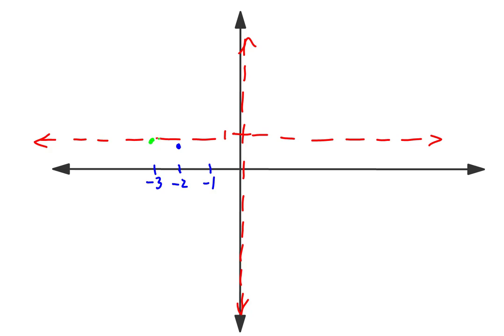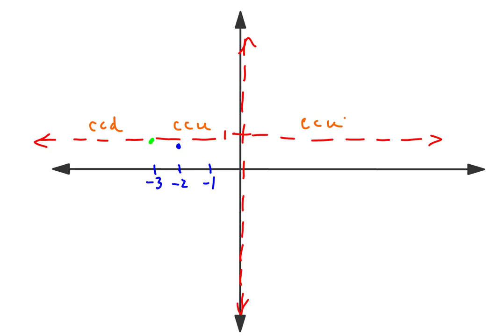And so those points we know exist. If we mark our concavity on the graph, we'll recall that it's concave down to the left of negative 3, concave up between negative 3 and 0, and then concave up to the right of 0 after the asymptote. So we have our concavity there marked as well.